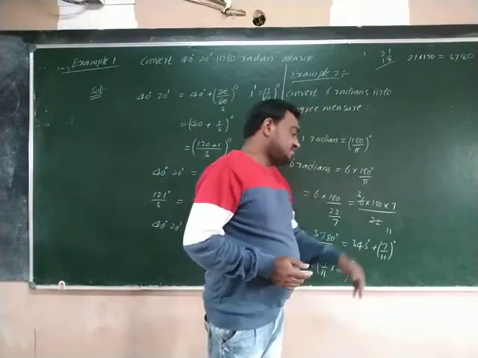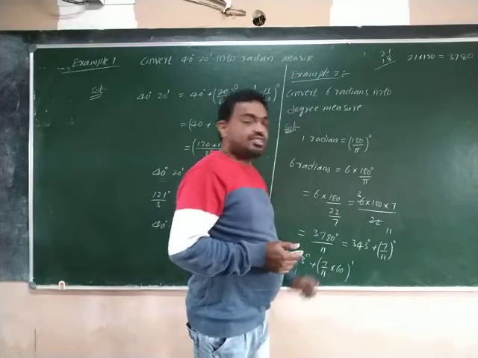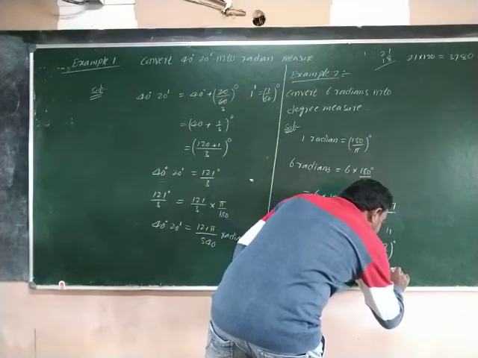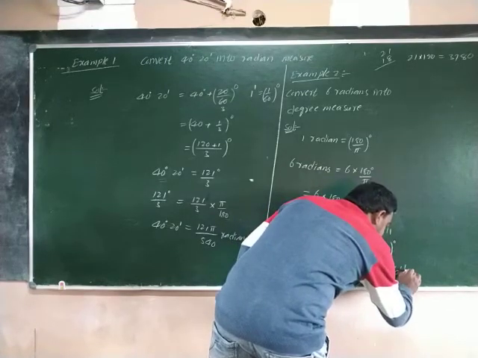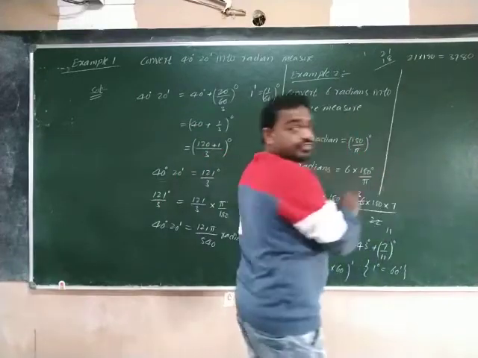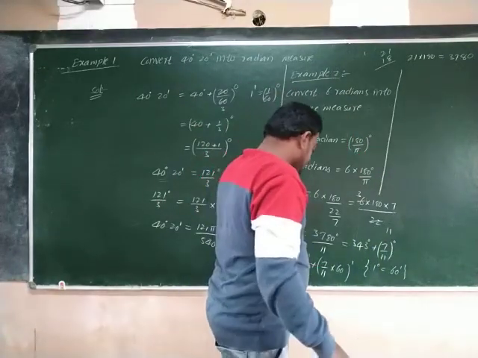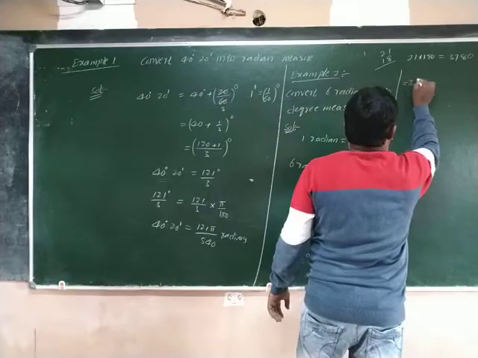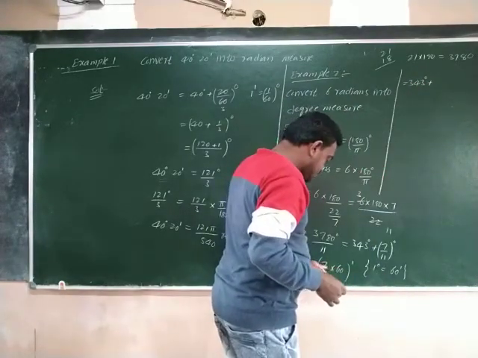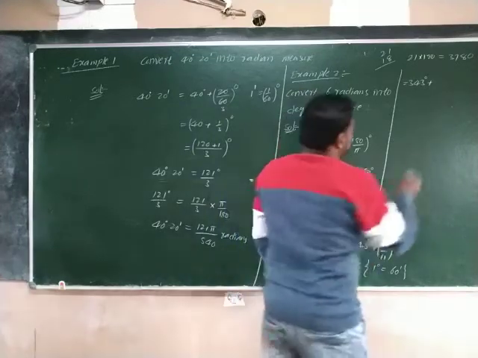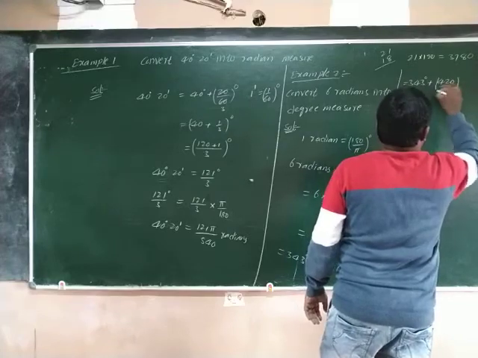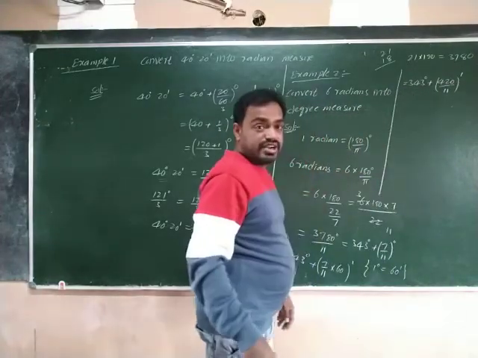So 7 by 11 into 60, which is 7 into 60, 420 by 11 minutes. This is minutes.